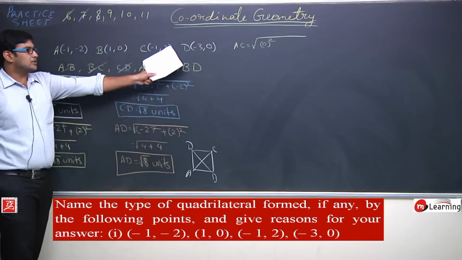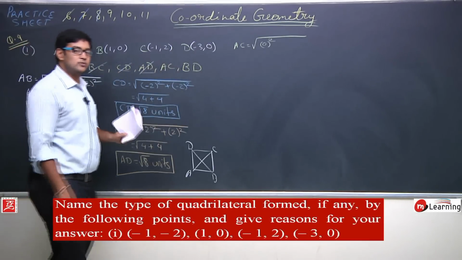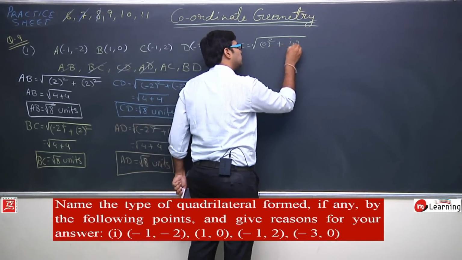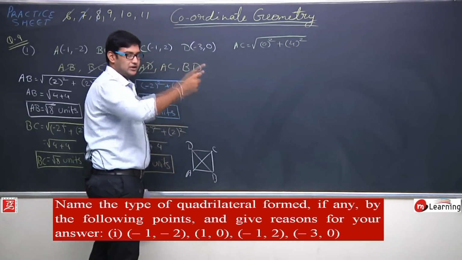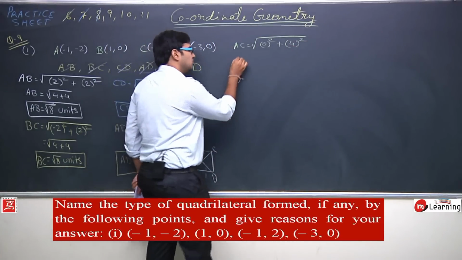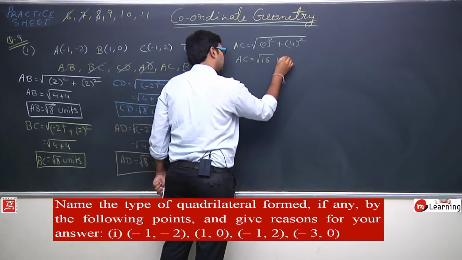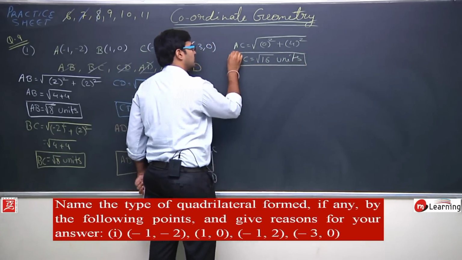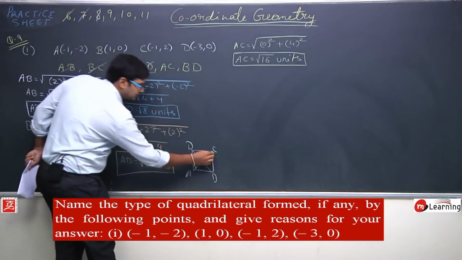Then y2 minus y1, y2 is 2, y1 is minus 2. So 2 minus of minus 2 will give you plus 2, so 2 plus 2 is 4, 4 square, that is 16. So the length of AC will be equal to square root of 16 units. This is the length of AC. This is the diagonal AC.